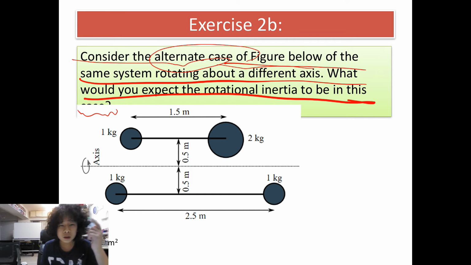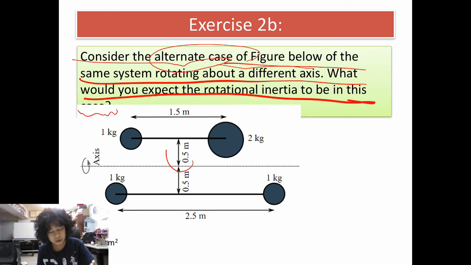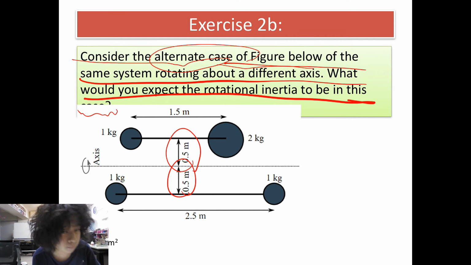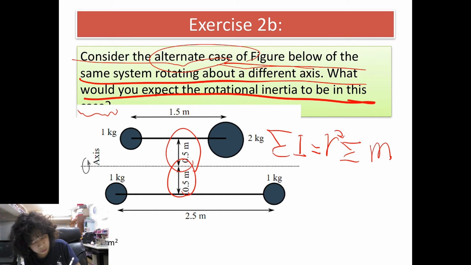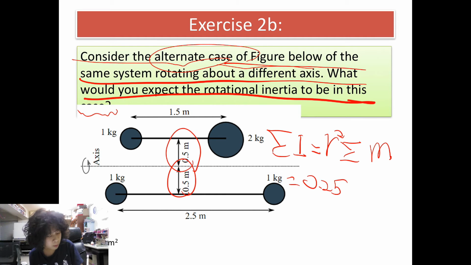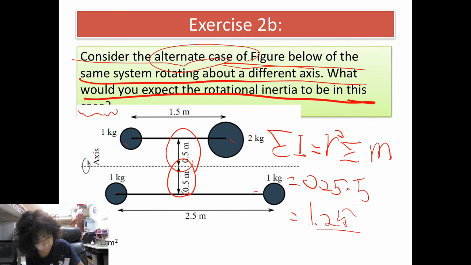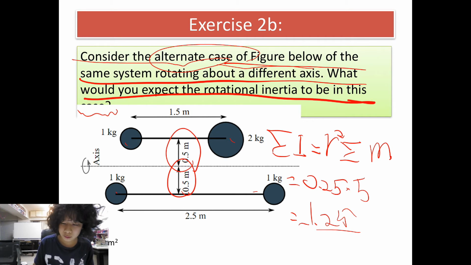Why? Because all the r are equal to 0.5 meters, which means sigma I equals r squared times sigma m, which equals 0.25 times sigma m, 1 plus 1 plus 2 plus 1, which is equal to 5. Equal to 1.25.